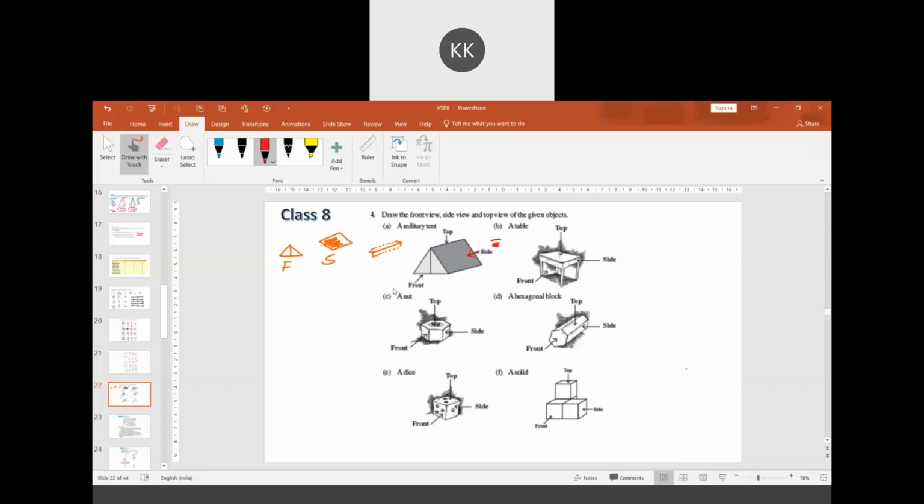Sir, we are seeing, means they have shown the image from the front. That's why it is looking slightly bent. But if we see from the side, it will become straight, no, sir? Actually, it is something like this. It is like this because we are seeing from the front.